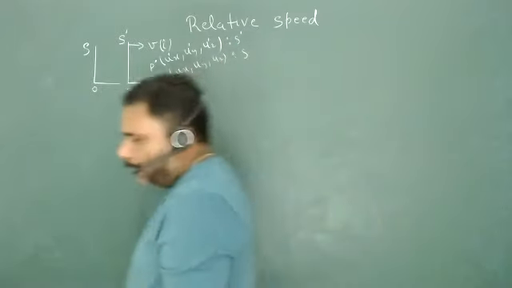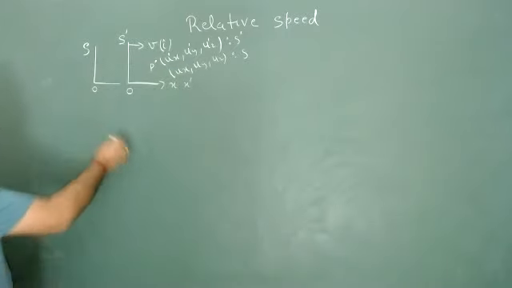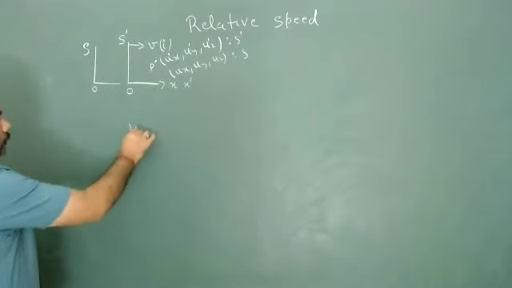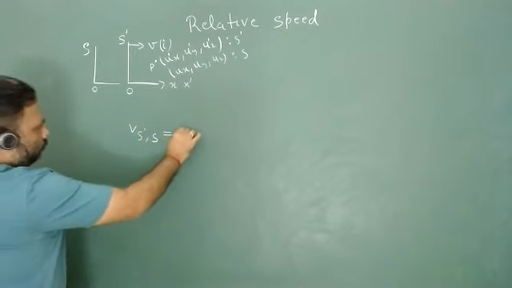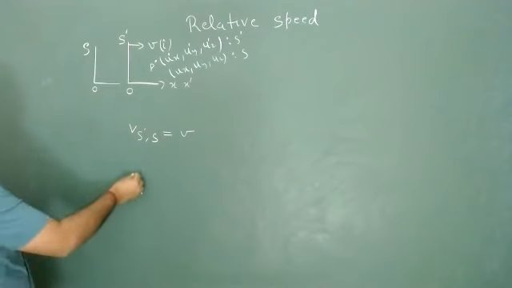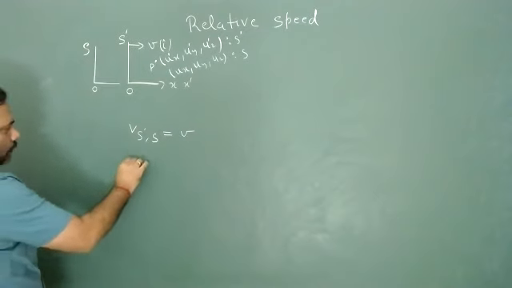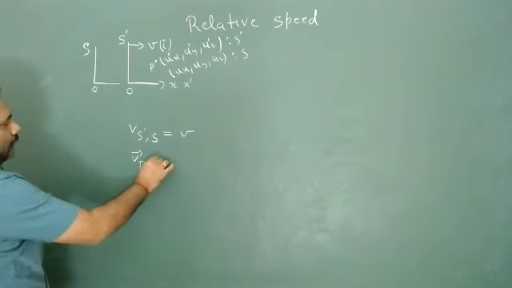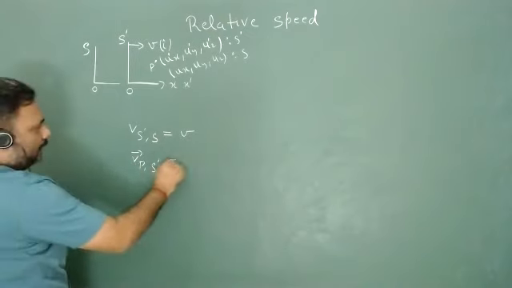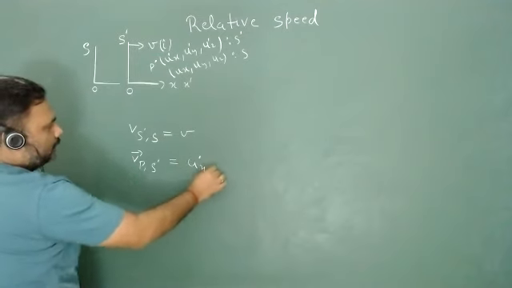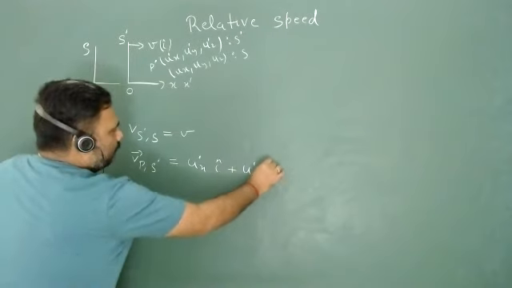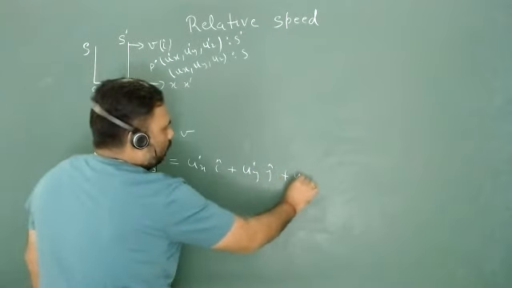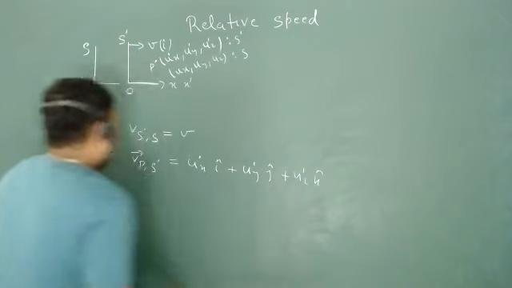So the information is: velocity of S dash with respect to S is equal to v, and velocity of the particle with respect to S dash is ux dash i cap, uy dash j cap, and uz dash k cap.